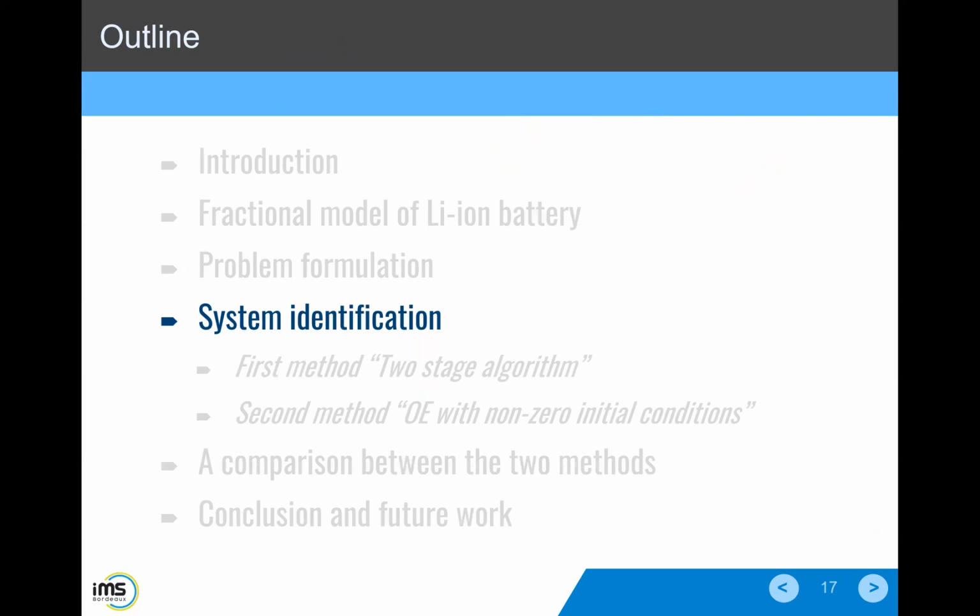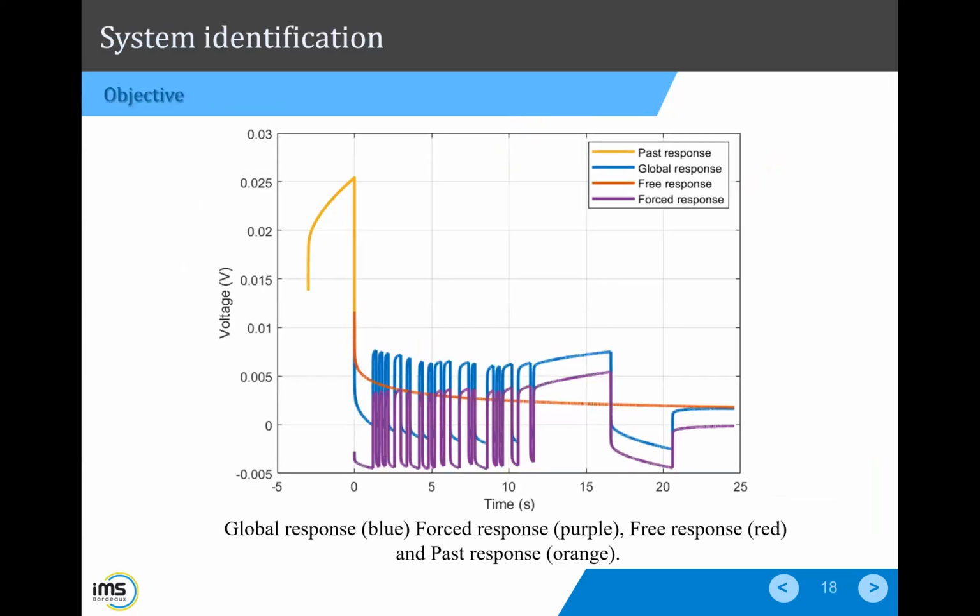In the direct response of the battery after charge, we have a global response, and inside this global response, we have two responses: the free response and the forced response.